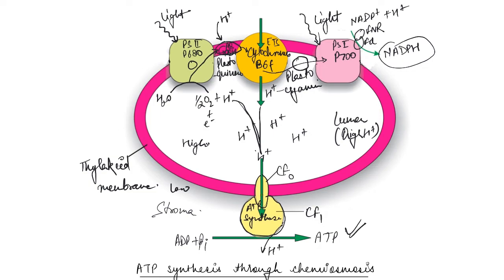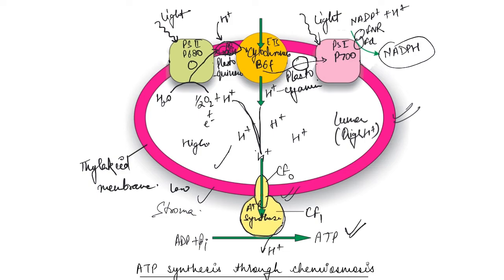Now, guys, this chemiosmosis requires a membrane, right? So we can see a membrane. There are proton pumps present. There is a proton gradient, which is higher here and lower here, right? And it also requires an ATP synthase enzyme.